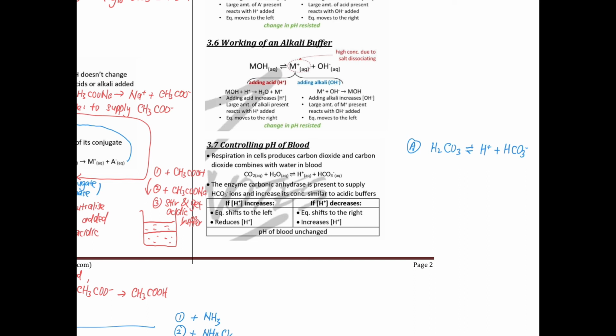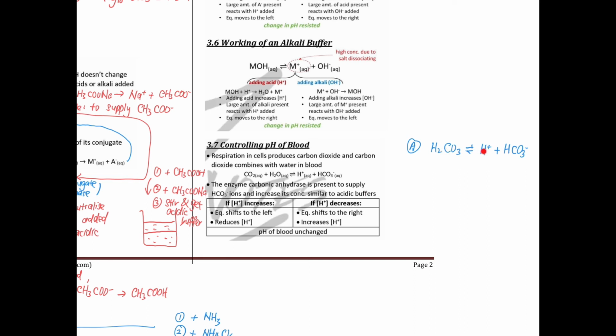So we continue. The enzyme carbonic anhydrase is present to supply HCO3- ions and increase its concentration, similar to an acidic buffer. So they are trying to say this is a weak acid.